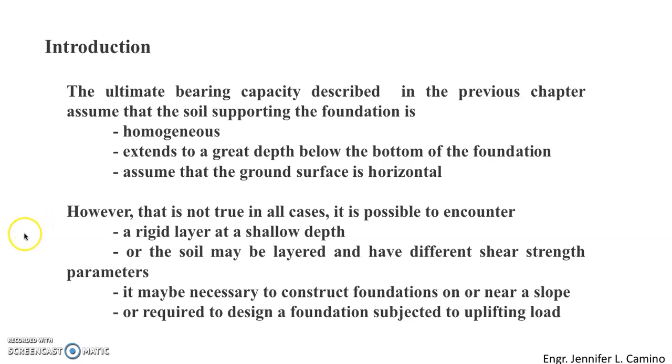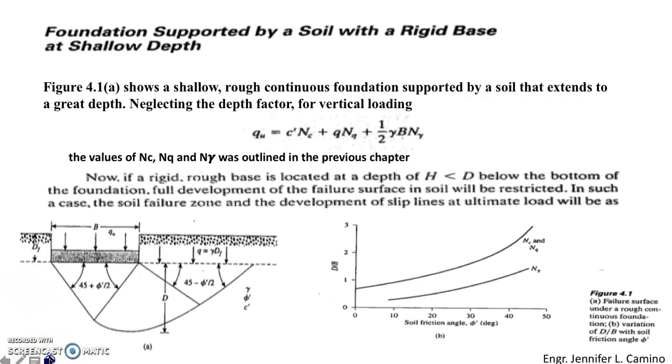So basically, there will be different formulas that you will be studying and considering, which are dependent on the conditions of the soil wherein you're going to construct your foundation. So we have here a foundation supported by a soil with a rigid base, a shallow foundation.